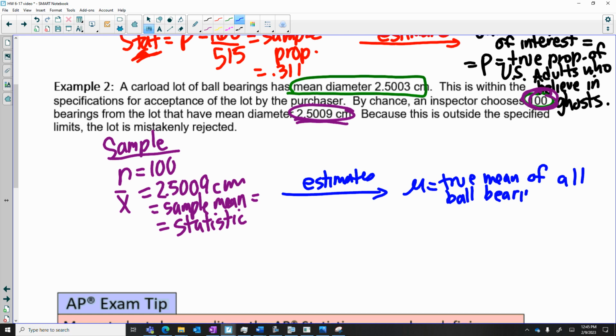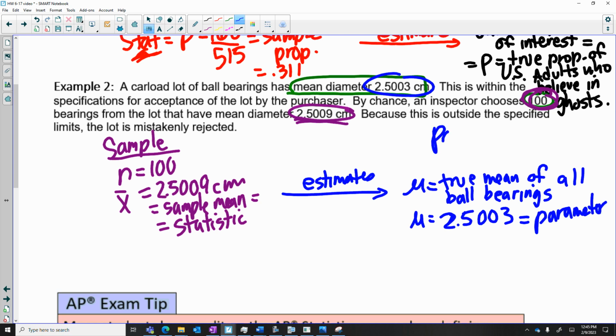And it turns out they actually gave us that true mean, mu. They said it was 2.5003. This number is called a parameter because it describes the population. So the sample is the 100 selected ball bearings from the lot.